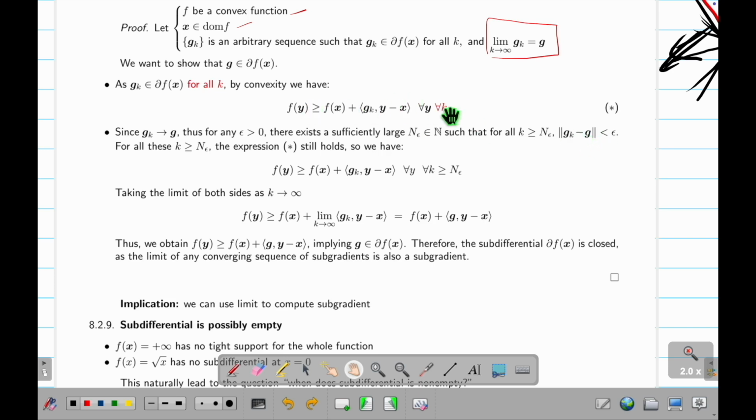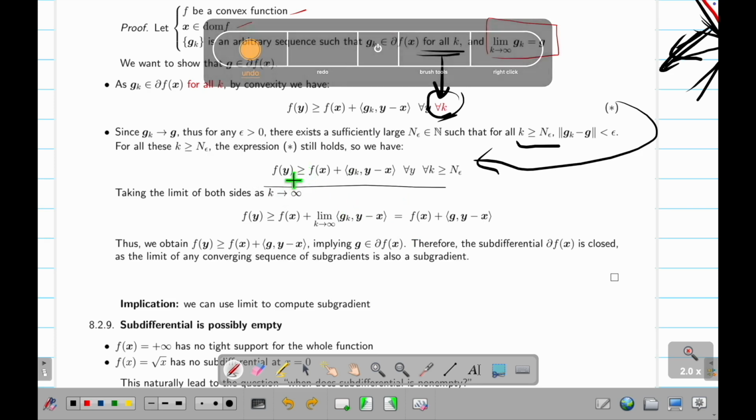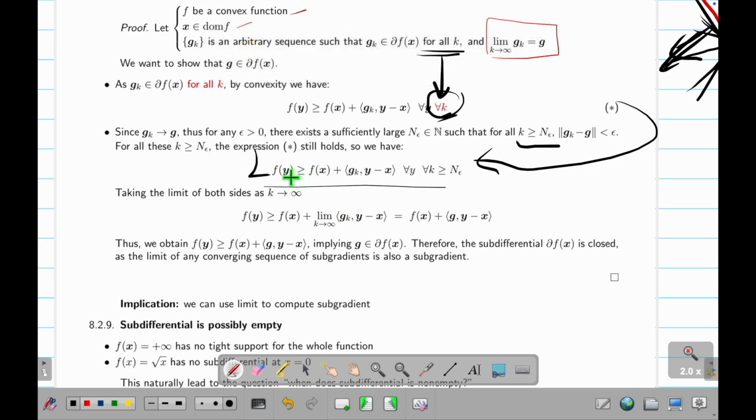Then that means this line holds for any k, because this is for all k. So this thing also applies here. So now I have the same inequality. Lastly, I put a limit here. Yeah, I put the limit here. This is on k. Limit here on k, nothing on k here. I don't write it down. Limit here on this term, nothing on k.